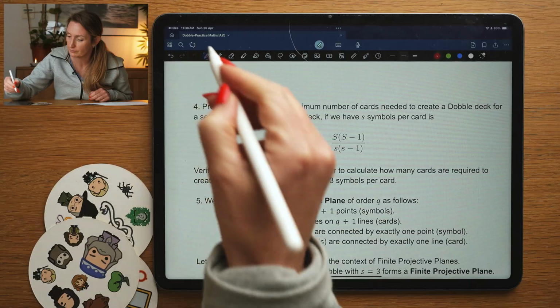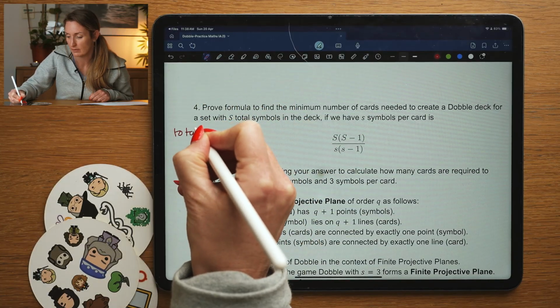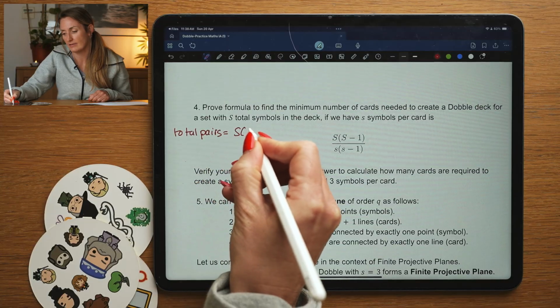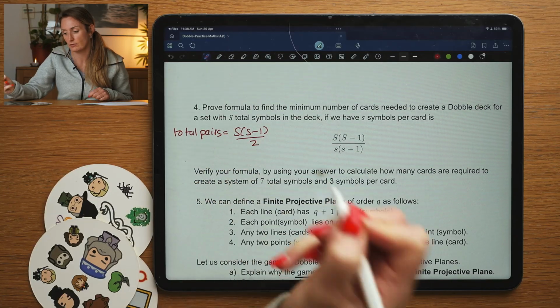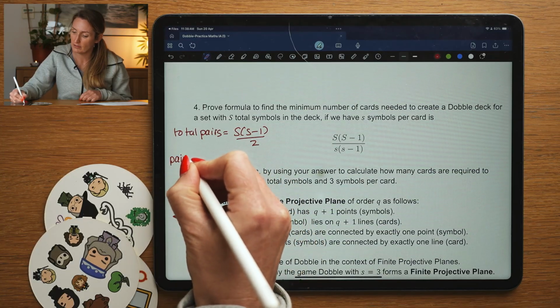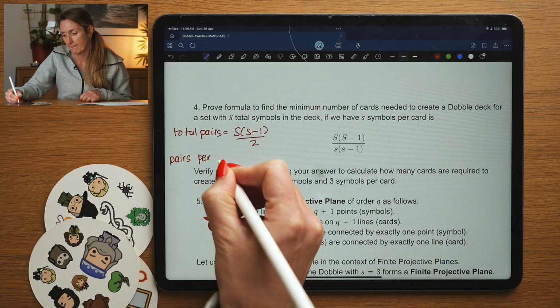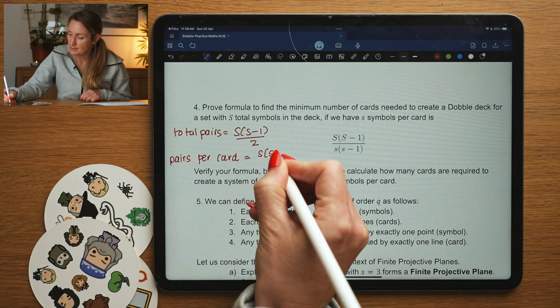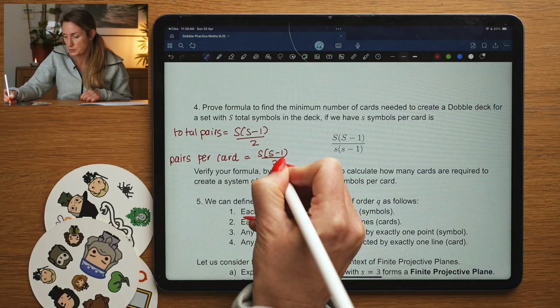So total pairs is big S times S minus 1 divided by 2. Okay, and that's for the entire deck. Pairs per card is little s times s minus 1 divided by 2.